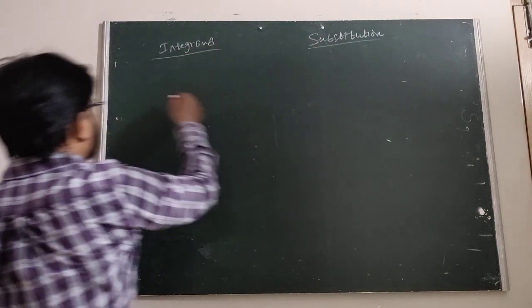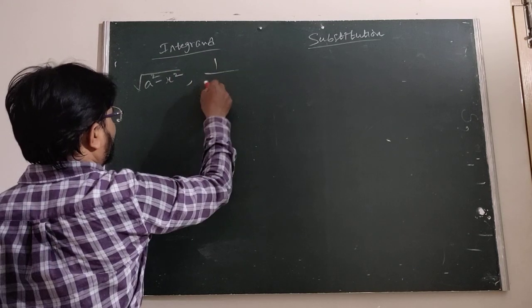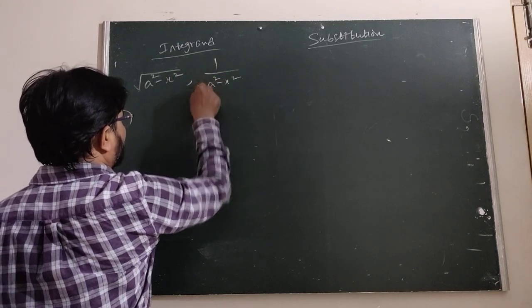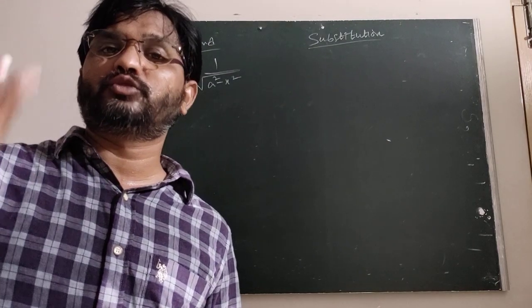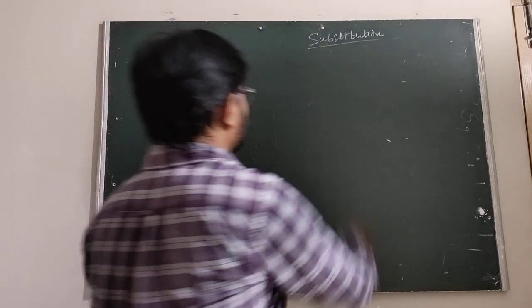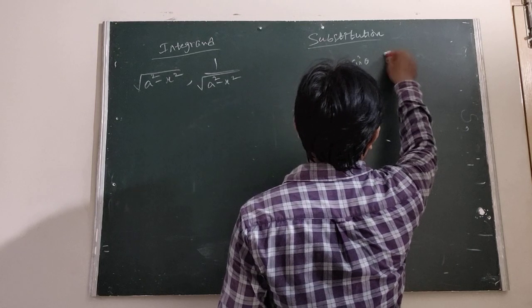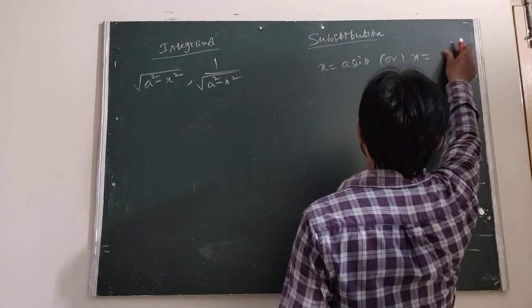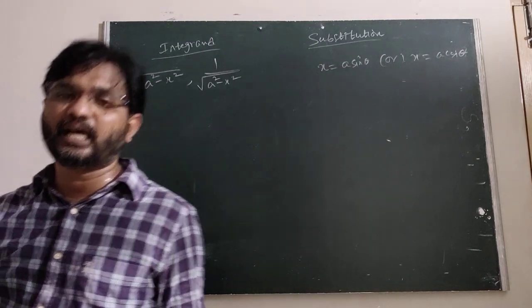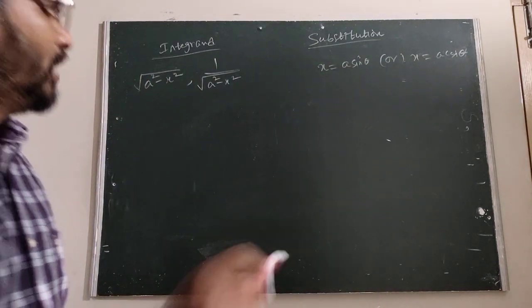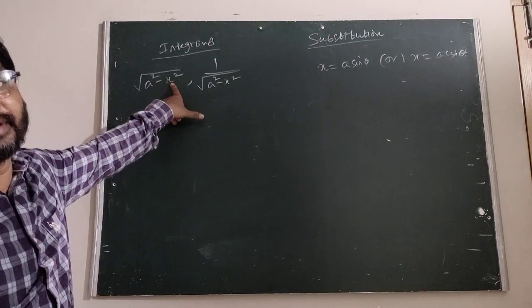So here suppose the integral of root of a square minus x square or 1 by root of a square minus x square is there. How to evaluate this type? So here we take the suitable substitution for x: x equal to a sin theta or x equal to a cos theta. This is enough. When we take x equal to a sin theta, this is a square sin square theta.